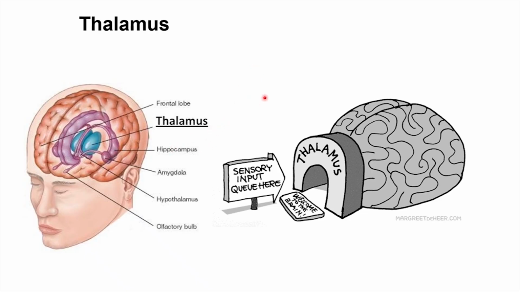So the information first comes to thalamus and then it goes to the rest of the brain. The only exception to this is the sense of smell, which comes directly from the nose to the brain without passing through thalamus. But all the other sensory information goes through thalamus. Similarly, all the motor information goes from the brain to the thalamus and then to different parts of the body.